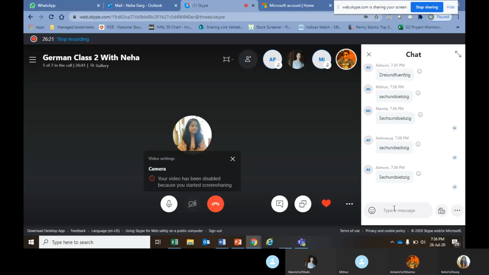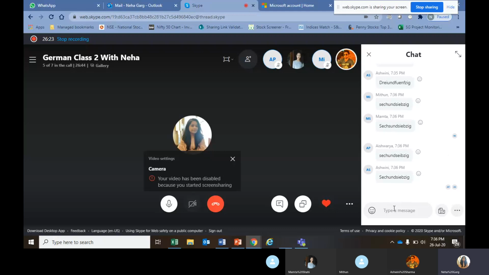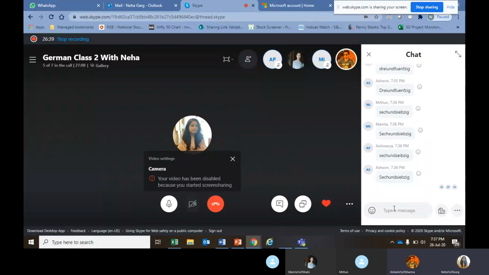Sehr gut, Mamta. Aishwarya, Mithun, and Ashwini, it would not be sechs und siebzig with the S removed, it would be sechs und siebzig with the full sechs. So we will be using the S also, right? Yes.